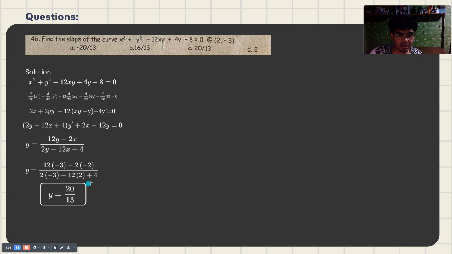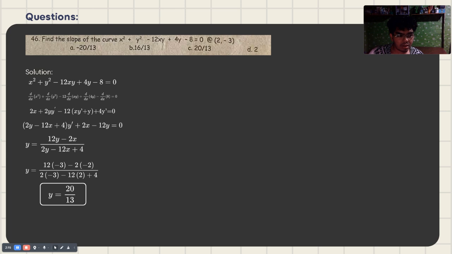Then next, just group the y prime terms. So 2y minus 12x plus 4 times y prime plus 2x minus 12y is equal to 0.